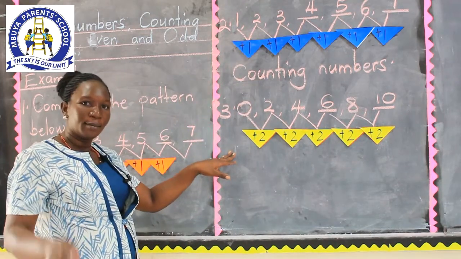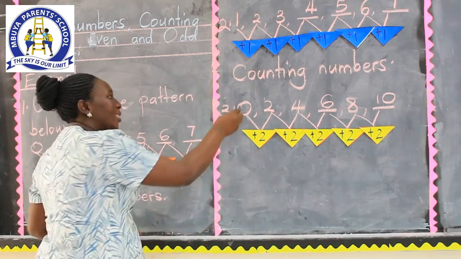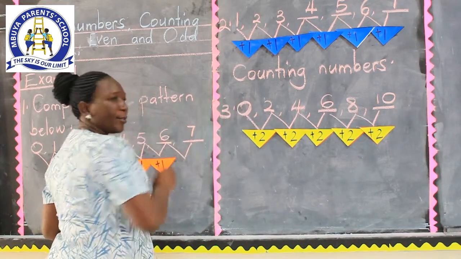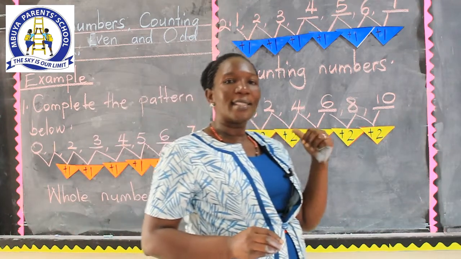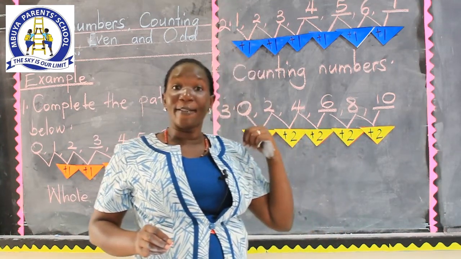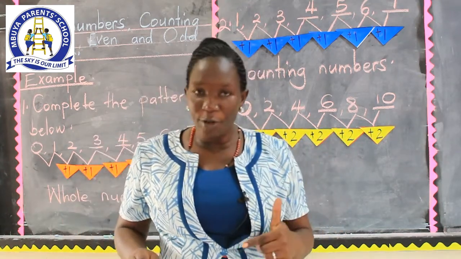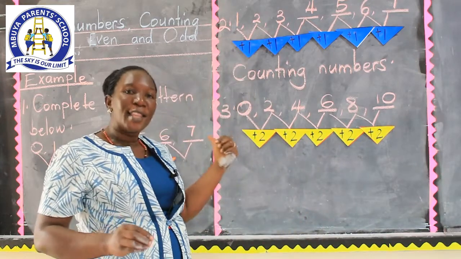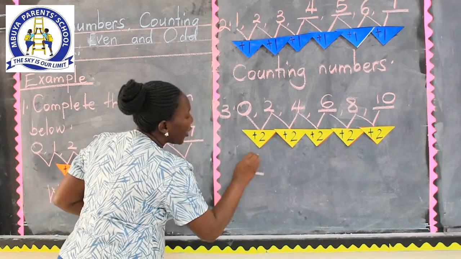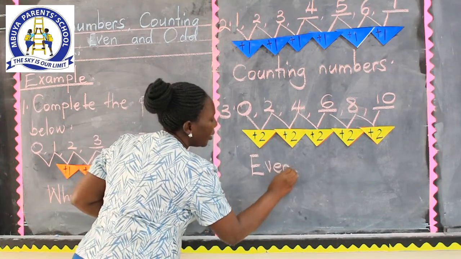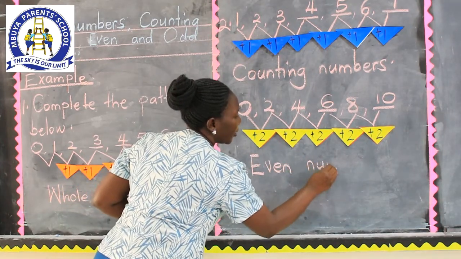Identify the number. What is that number? It started with 0, 2, 4. Remember last time we talked of even numbers, and the first even number is 0. So that means these are even numbers. So you write, these are even numbers.